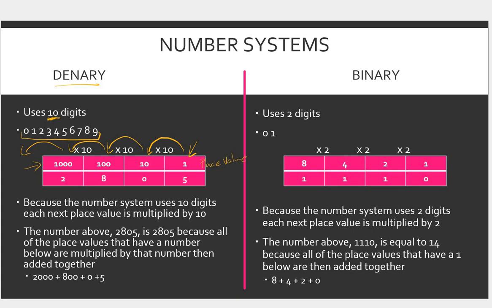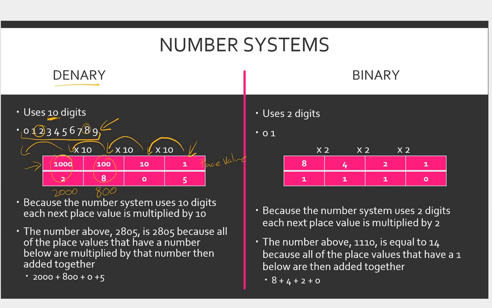Now what we can do is, whichever of these digits we put underneath these place values, that's how we give the entire number its final value. So if I was to use the digit 2 and place it underneath the 1,000, that would give us 2,000. And the digit 8 underneath the 100, that would give us 800.